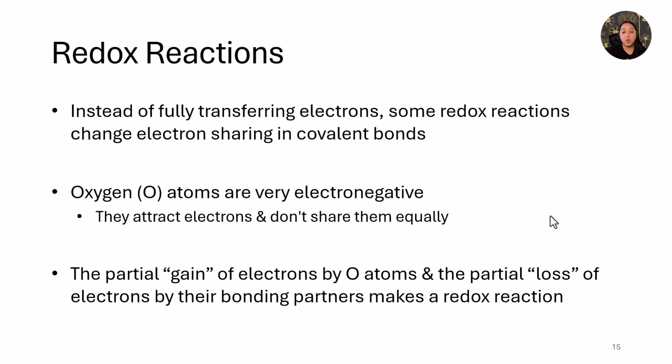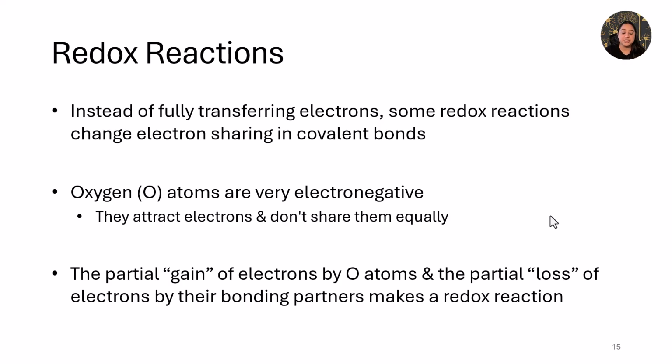There are also polar covalent bonds where it's not shared equally. And again, it's like toddlers sharing a toy. The toy didn't totally get stolen, but it's not getting shared equally. One toddler is like, I'll play with it for 5 minutes, and then you can play with it for 1 minute. That's how an unequal covalent bond works, sharing electrons unequally.